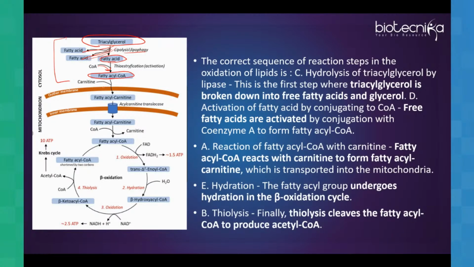Now the fatty acyl CoA cannot be transported just like that, so it has to be transported with carnitine, forming an acyl carnitine complex, which can be translocated through the acyl carnitine translocase. That way only it can cross the inner mitochondrial membrane. The inner mitochondrial membrane is impermeable, so that's why they need to cross like that.